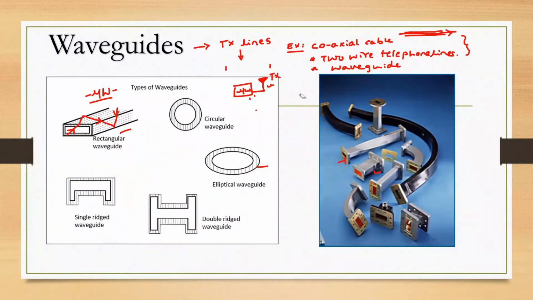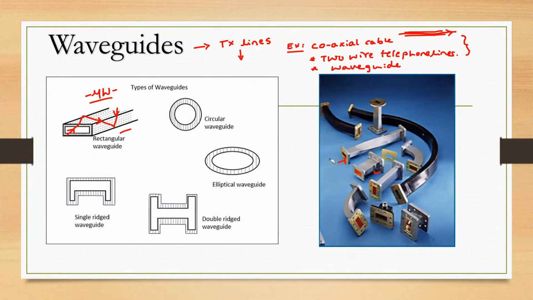Apart from being used as an interface between antenna and receiver or transmitter, they can be an interface between different components also, like isolator, directional coupler, or attenuators. So they act like interconnections between different microwave components.